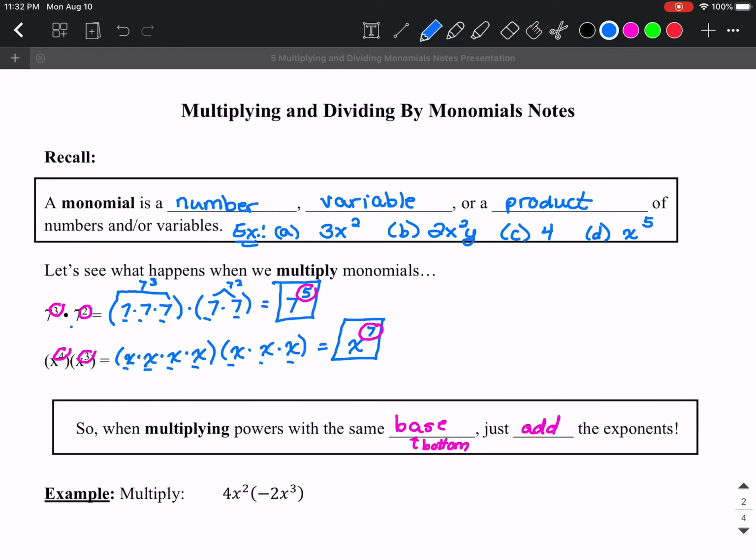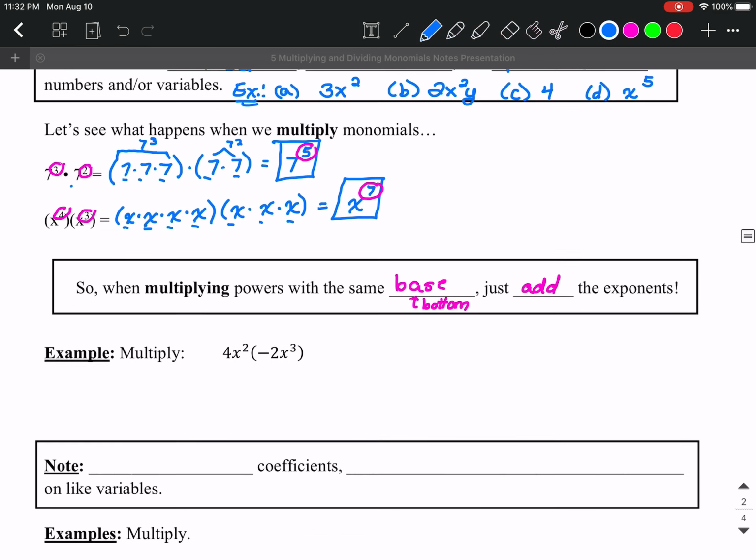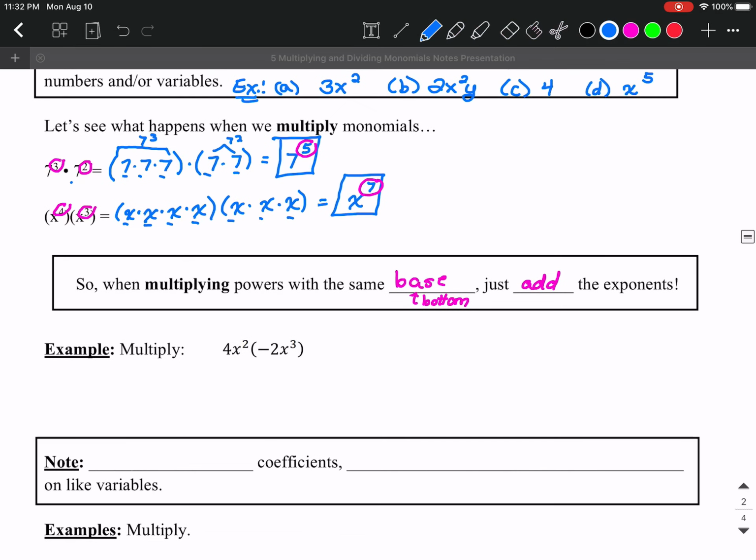So for instance, in this example here, 4x squared times negative 2x cubed. Now here's the catch here, guys. We're going to do 4 times negative 2. What's 4 times negative 2? That's negative 8. Now we can look at the x squared times the x to the 3rd. We keep that base x and we add the exponents. What's 2 plus 3?